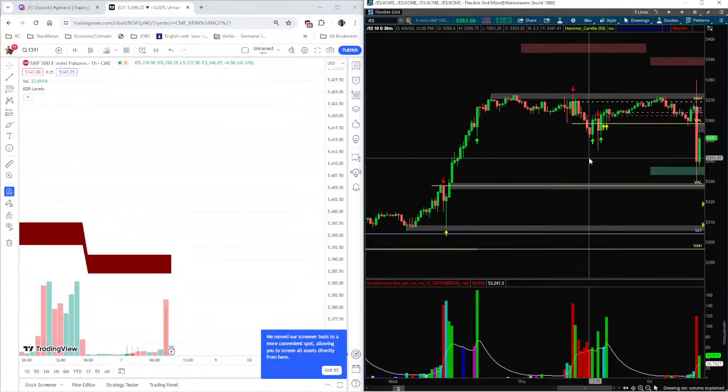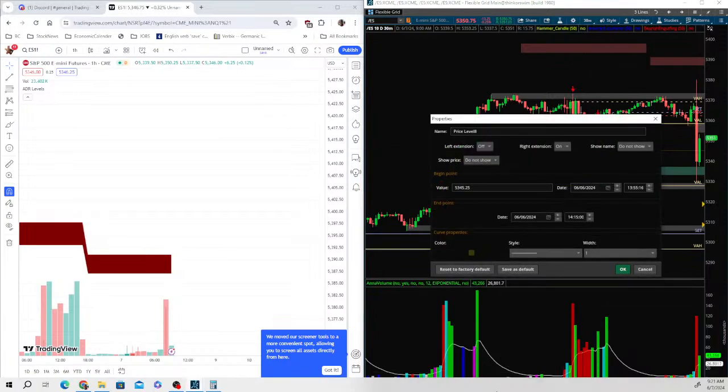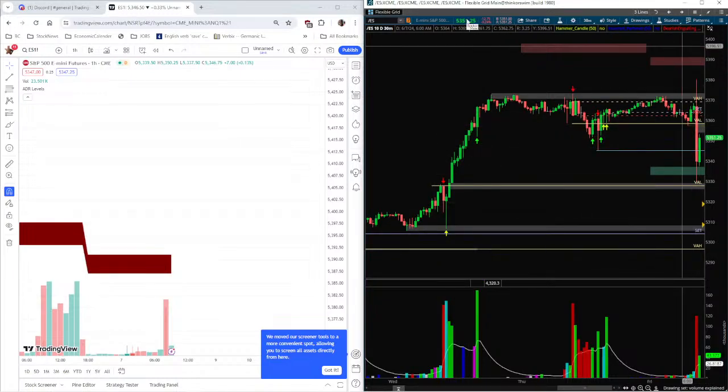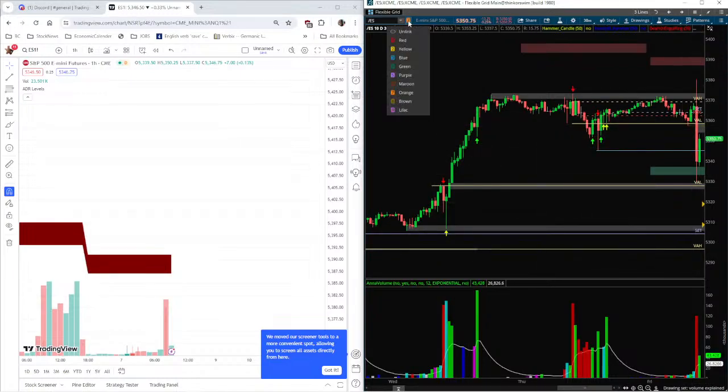I need to be mindful of this here because that's also important based on the fact that we're pulling back into it. If we're pulling back into it and we end up back in, we might end up moving higher.